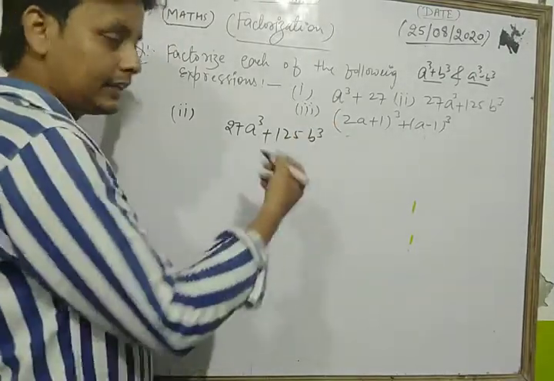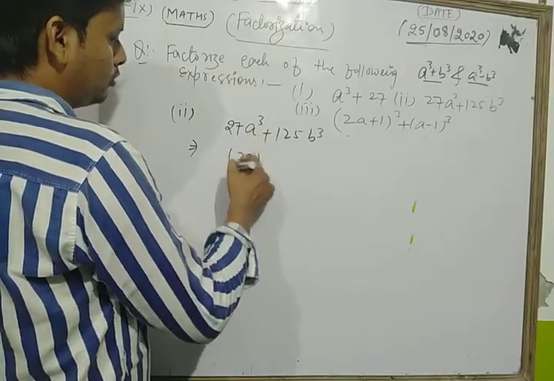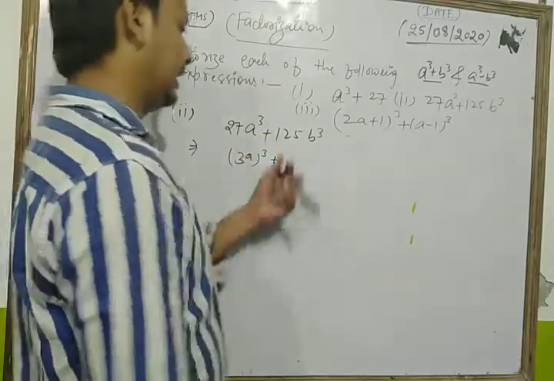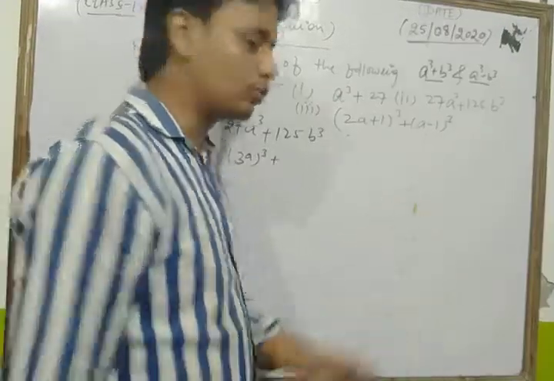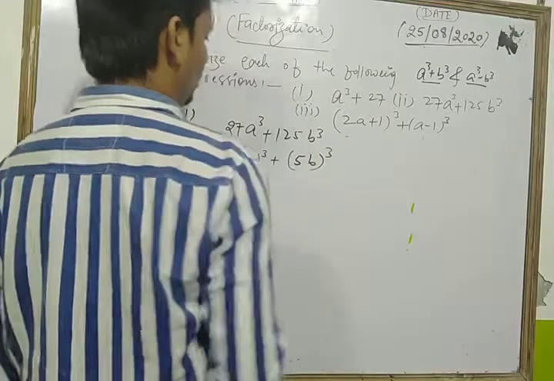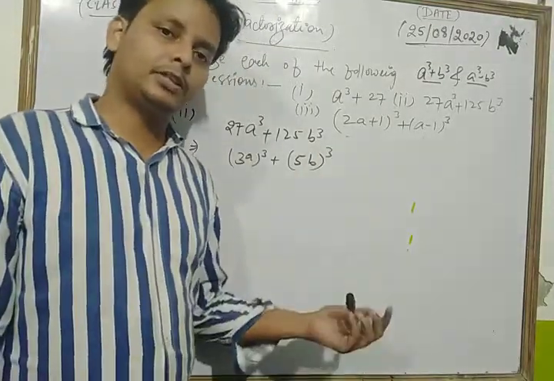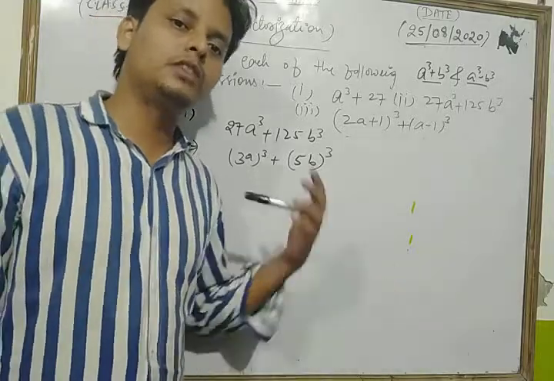Dear students, we write the given expression in this way also. We write 27 a cube as (3a) whole cube, and 125 is the cube of 5, so we write (5b) whole cube. Now again using the identity a cube plus b cube as (a plus b), in another bracket a square minus ab plus b square.